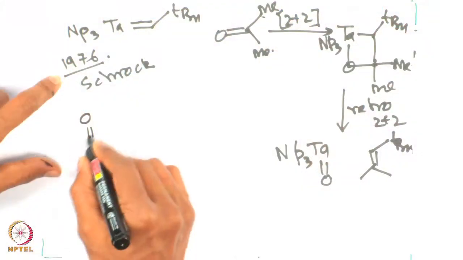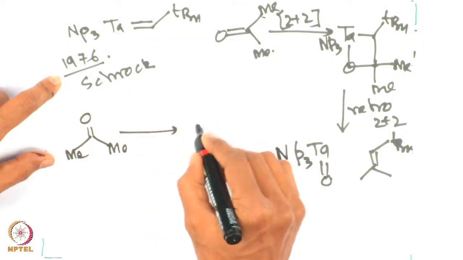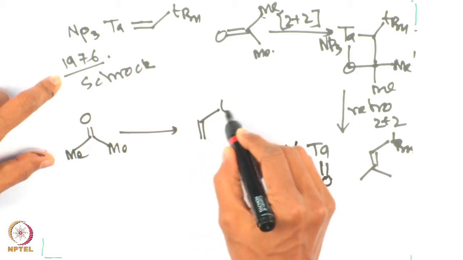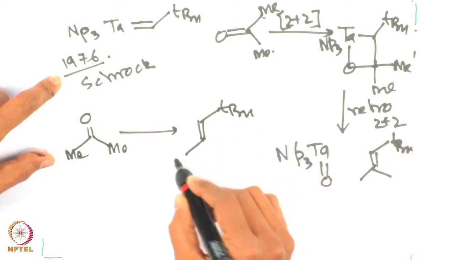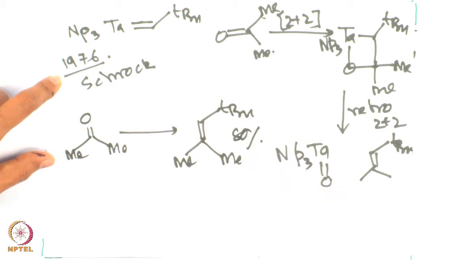Let us look at one of those examples where ester is reacted with the Schrock carbene to give you the new olefin. First of all, let us look at one of the ketone examples. I think that we have discussed. During this process overall we get this tert-butyl containing product in 80% yield. That is great.